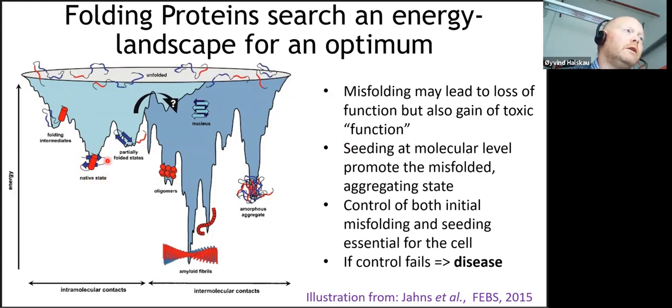So the native protein would be here. Folding states that are on track would be here, but it could also go onto, well, let's call it the dark side, since there is a dark shading here, and form oligomers, amyloid fibrils, or other aggregates. So what if control of this fails?